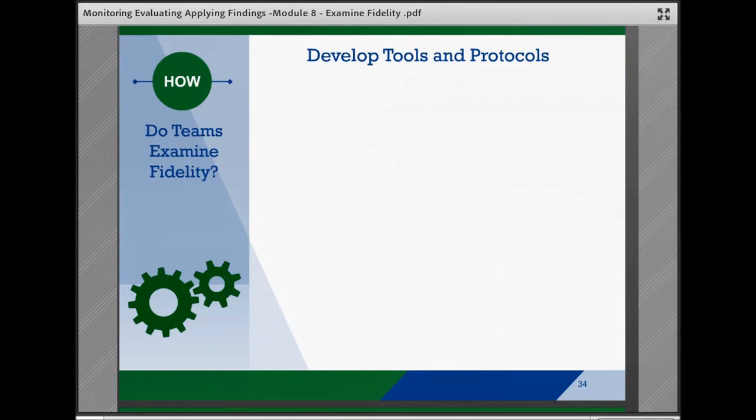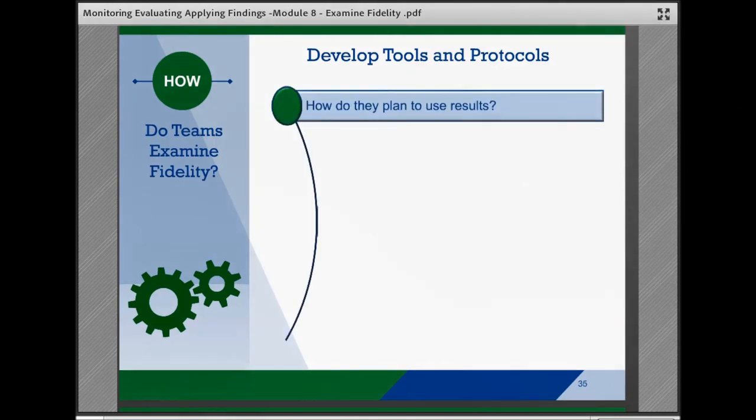After identifying measures, teams will need to adapt or develop related tools and processes for implementing the fidelity assessment and collecting related data. By developing and communicating a practical, uniform approach, teams can encourage consistency in its application.